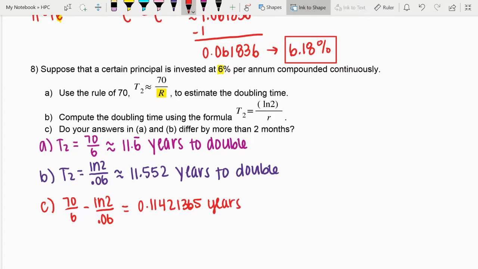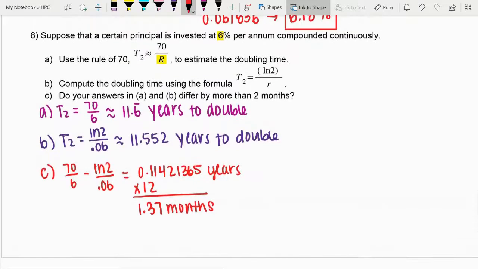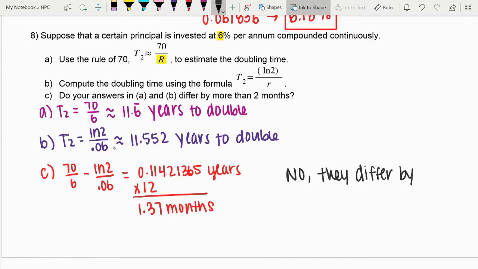But the question is asking if it differs by more than 2 months. Okay, so years, months, let's multiply this by 12, and we end up with 1.37 months. Okay, so the question is asking if our answers differ by more than 2 months. So no, they differ by less than 2 months.